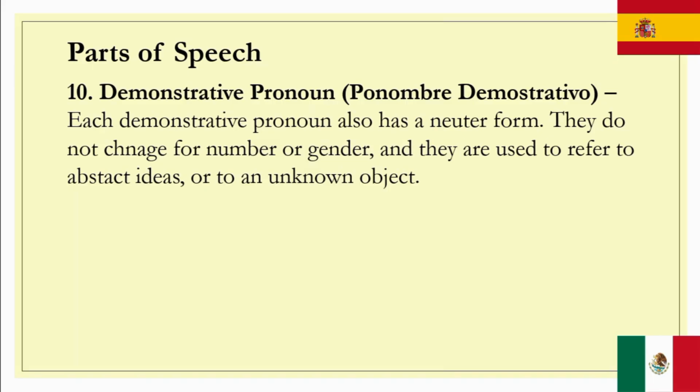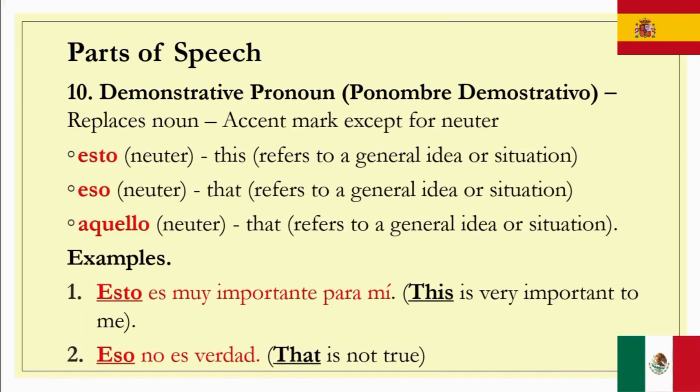But still, the usage of the demonstrative word is the same. So if you're unsure about the gender, you can use the neuter form of the demonstrative pronoun or demonstrative adjective here.